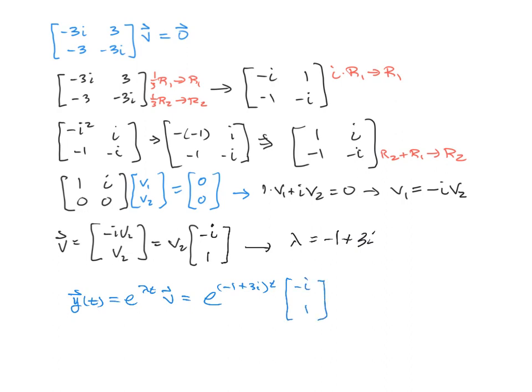And now we're back in the location where we have to use complex exponentials, and of course we need to use Euler's formula for this. Before we do that though, we can simplify down our exponential a little bit. That's e to the negative t times e to the 3i t times negative I and 1.